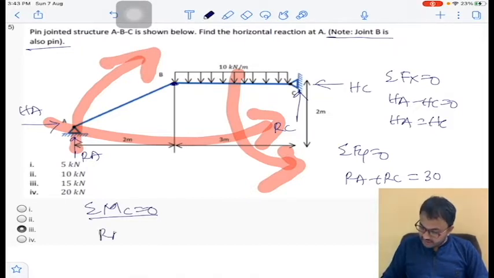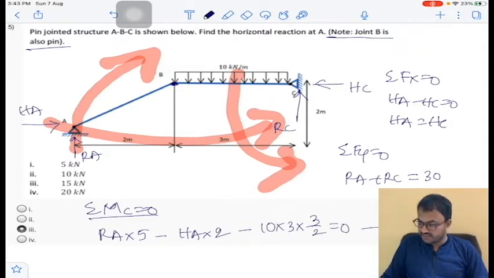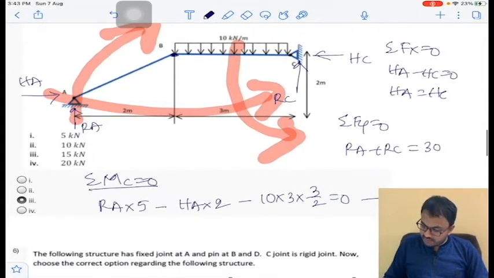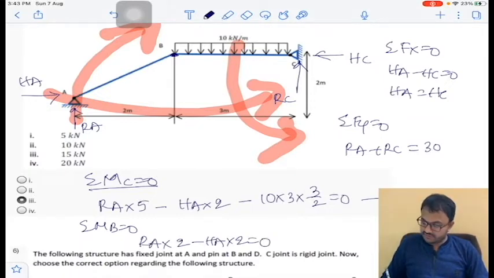So RA into 5 minus HA into 2 minus 10 into 3 by 2 is equal to 0. This is equation number 1. I am going to take sigma moment about point B is equal to 0. RA into 2 minus HA into 2 is equal to 0. So from this we can say RA is equal to HA.